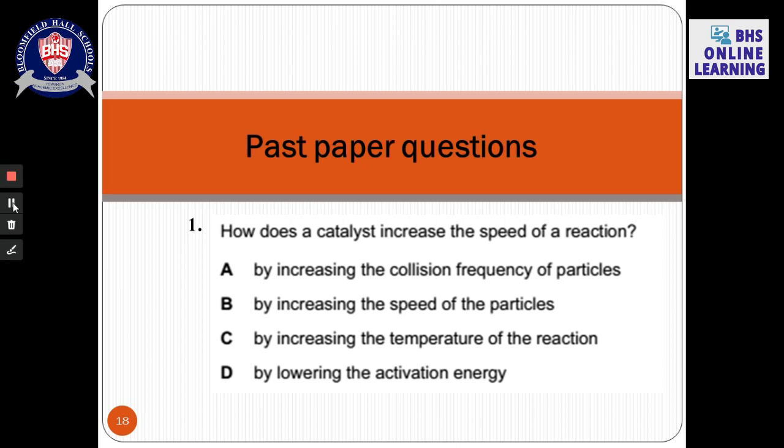A is by increasing the collision frequency of particles. B by increasing the speed of the particles. C by increasing the temperature of the reaction. And D is by lowering the activation energy. How does a catalyst increase the speed of a reaction?